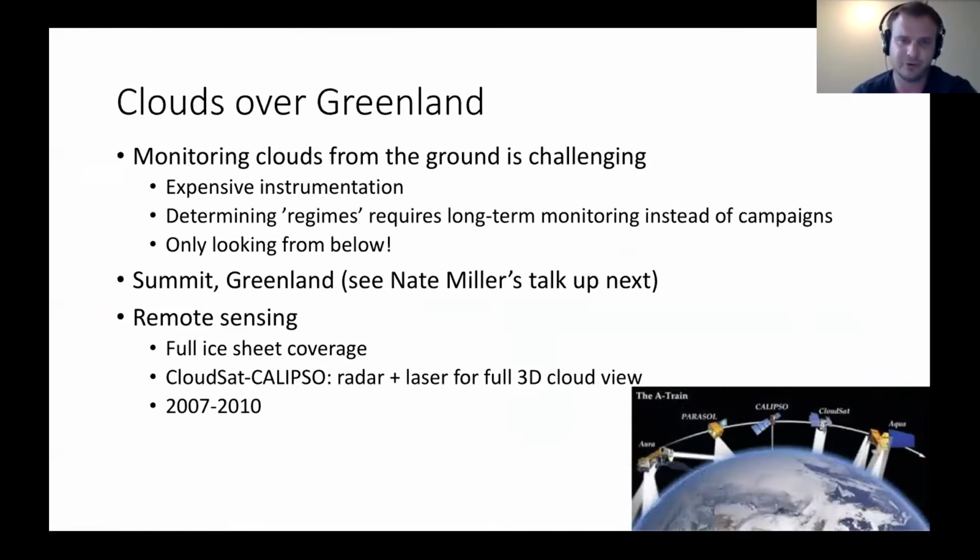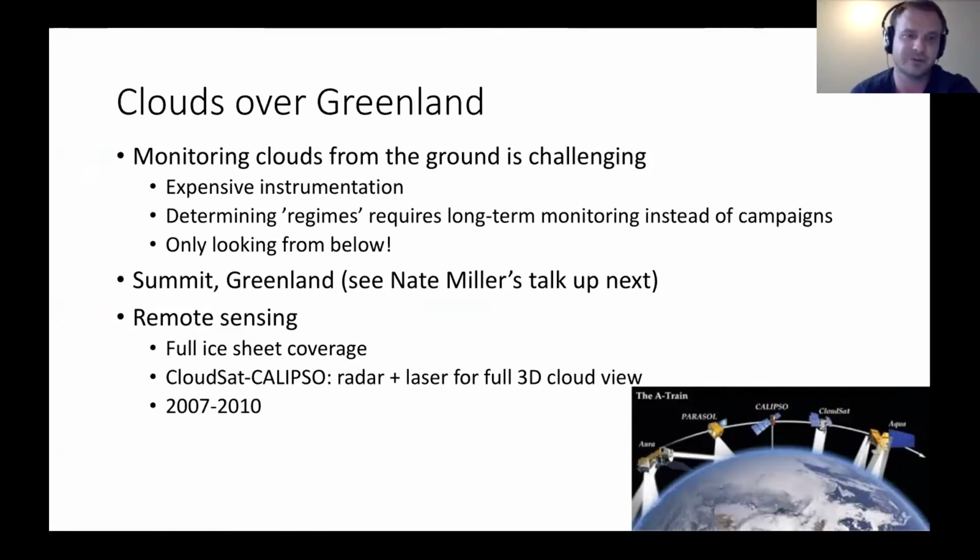going to the field is challenging. It's challenging because it costs a lot of money. It's challenging because you can only go to one place at one time, and you can usually not stay for very long. So monitoring atmospheric processes from the ground, and the interactions between atmosphere and the surface, is challenging. That also counts for clouds.